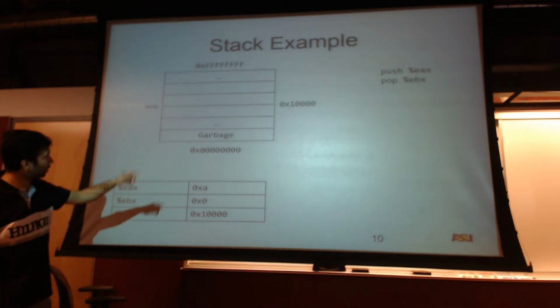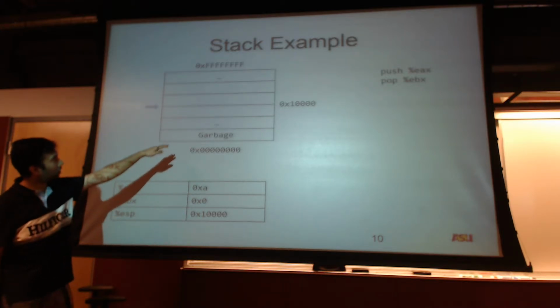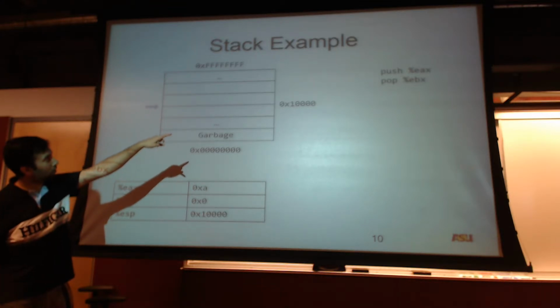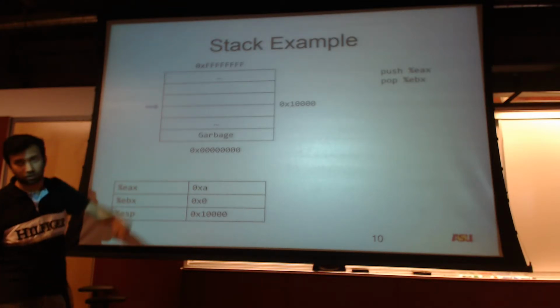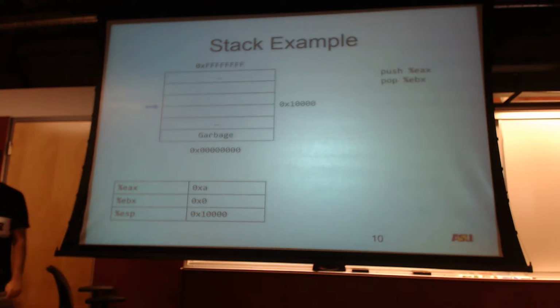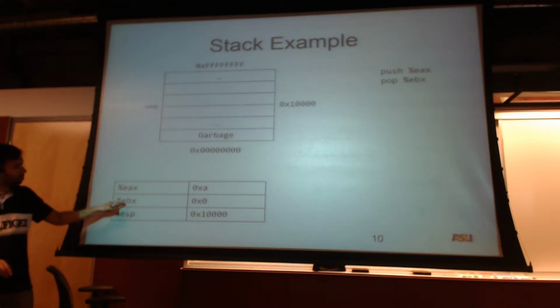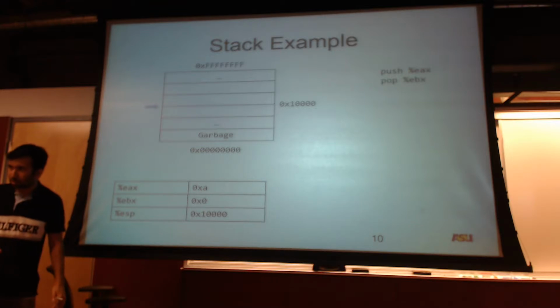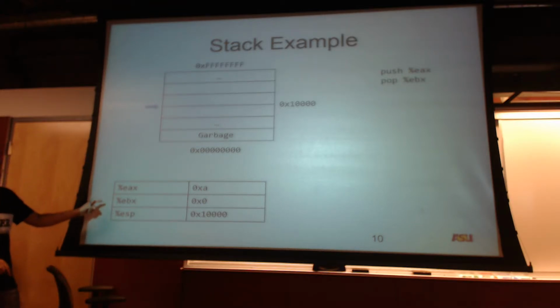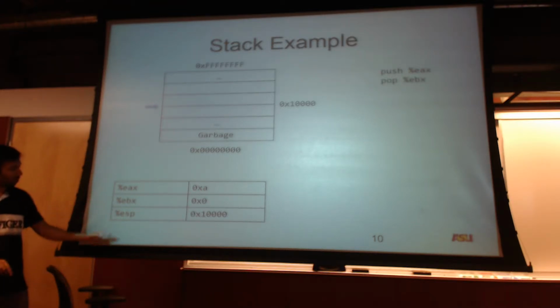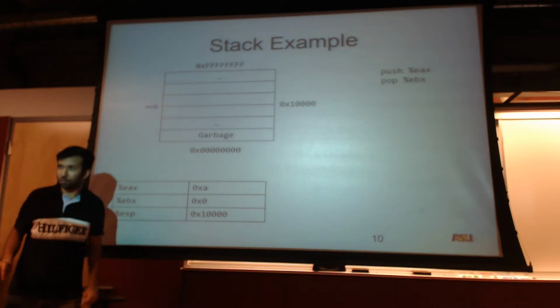The stack is there, everything else is garbage below, right? And the stack pointer is right there. Let's say the value at EAX is A, and the value of EBX, which is another register, is 0. The stack pointer is this one.